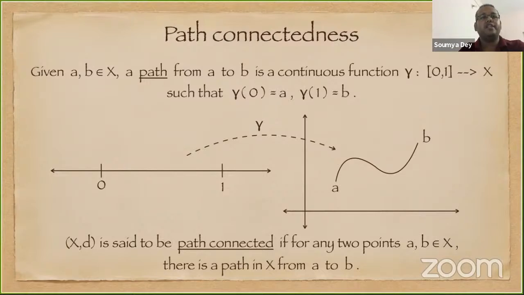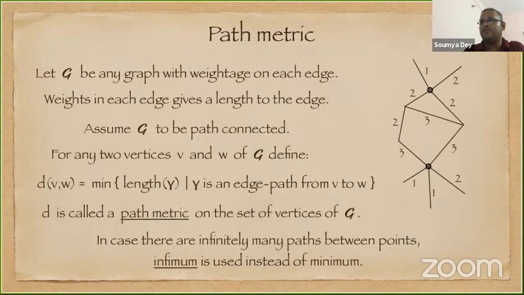For example, if you take the usual metric, any subset of, say, an interval is path connected. But if you take the discrete metric, there is no path. So the discrete metric on an interval will not give you a path connected metric space. Right. So let's move on.